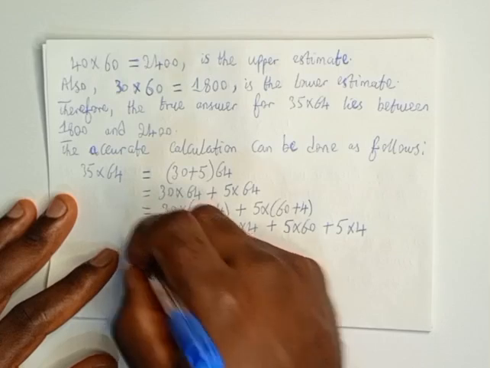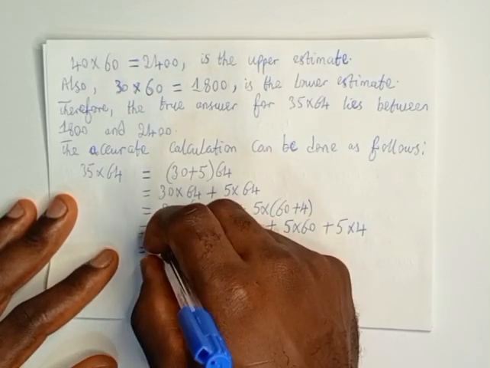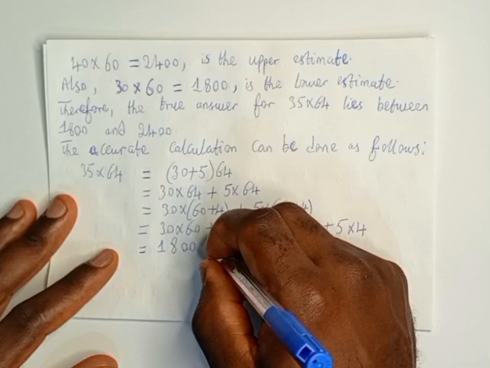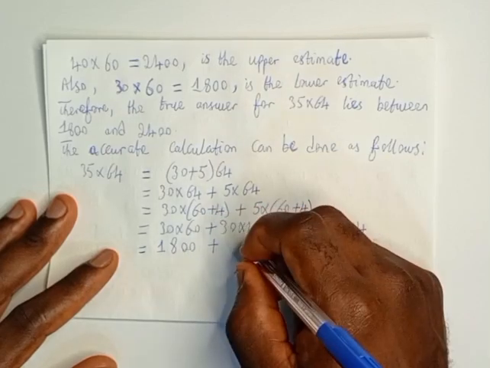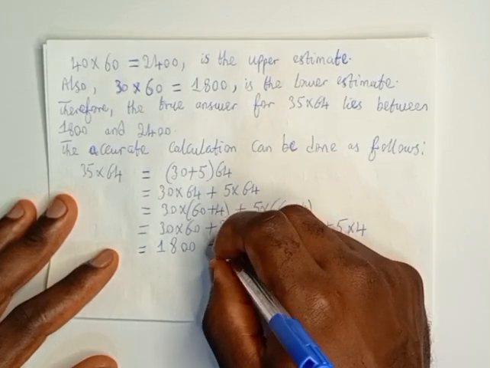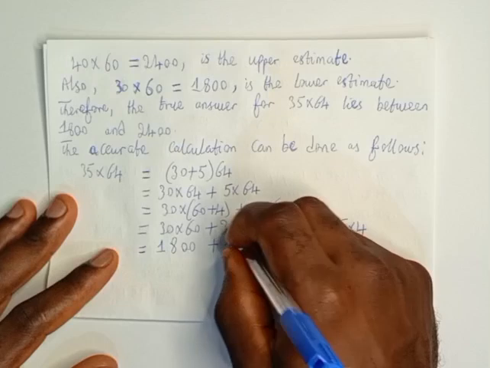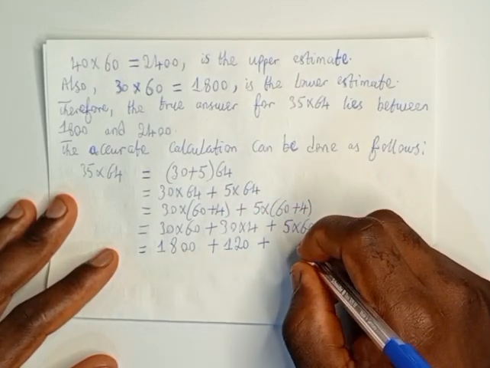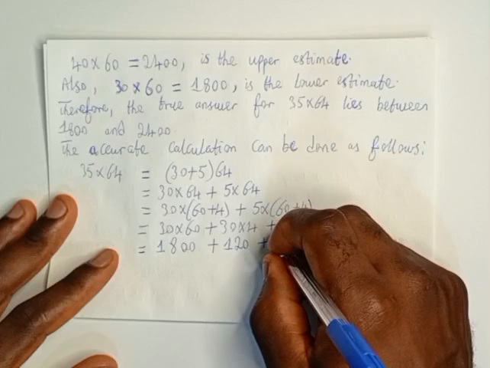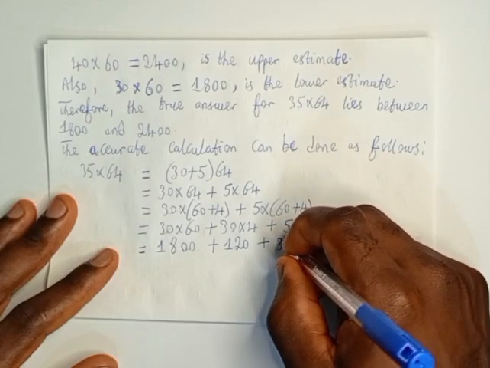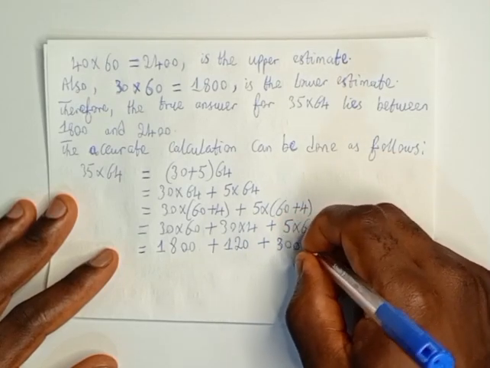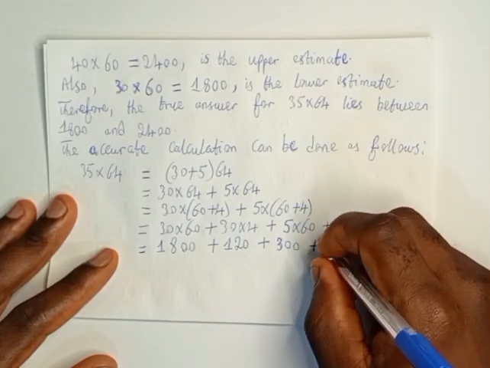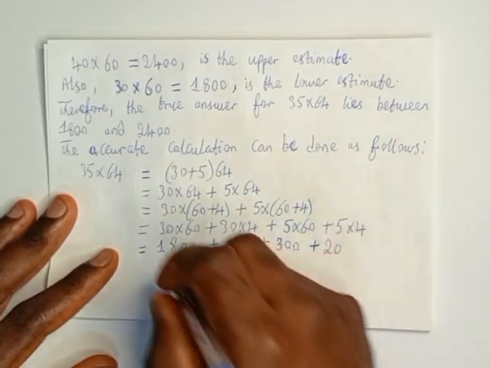This will simply be equal to 30 times 60 gives us 1800 plus 30 times 4 gives us 120 plus 5 times 60 gives us 300 plus 5 times 4 gives us 20.